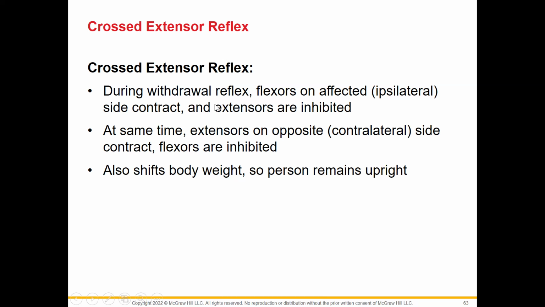The ipsilateral side is able to withdraw, whereas the contralateral side does the opposite actions, because it's allowing you to respond without falling. The body can shift weight to the unaffected side so that you can remain upright. That is the crossed extensor reflex.